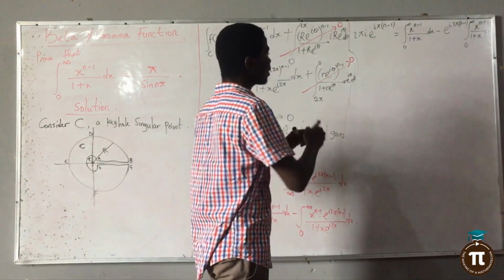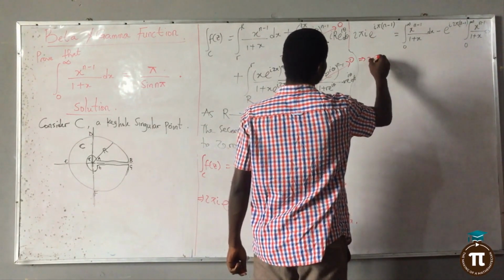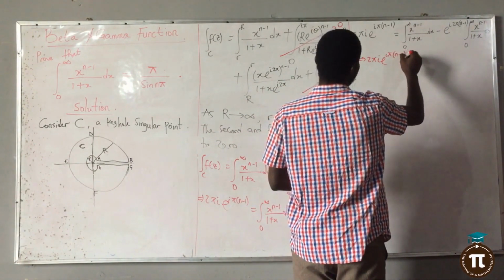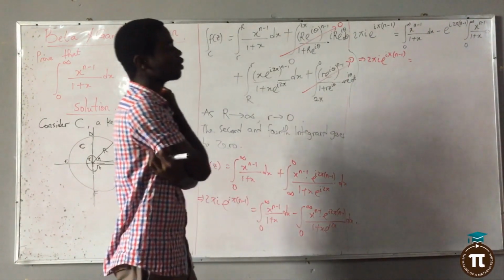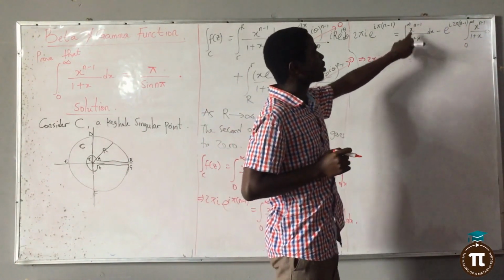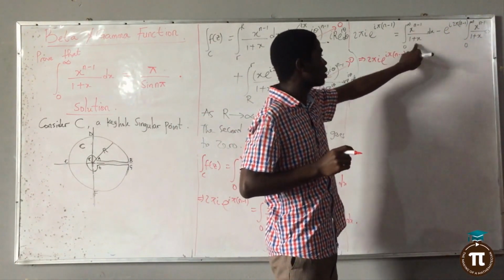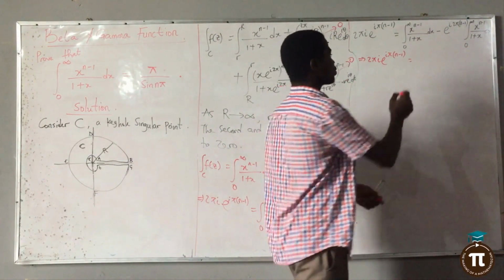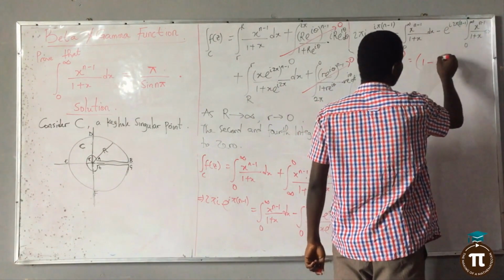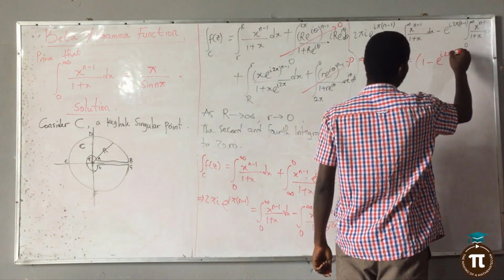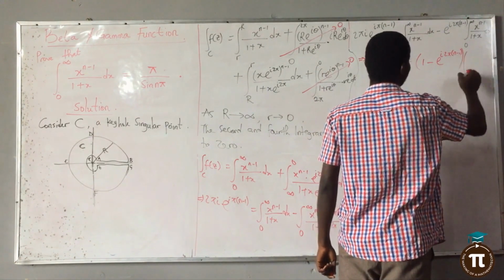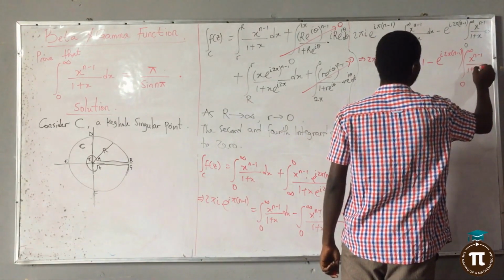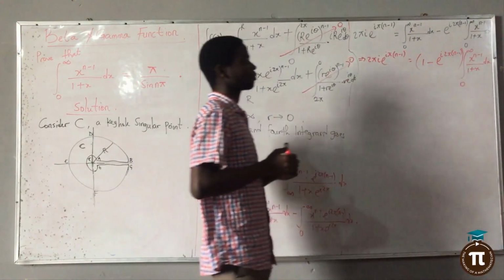So the next thing that will happen will be 2πi e^(iπ(n-1)). What you will notice is the integral from 0 to infinity of s^(n-1), factorized, so that you will have 1 minus e^(i2π(n-1)) times the integral from 0 to infinity of s^(n-1) over 1 plus s ds.